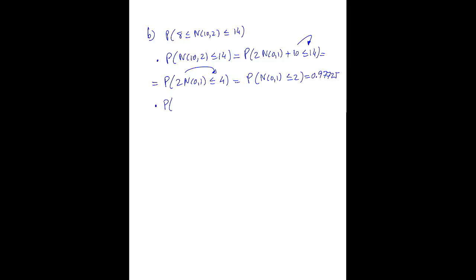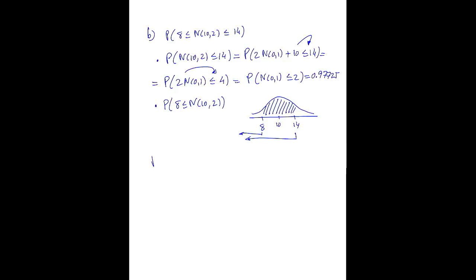Now, what about the other part? The probability of the normal being less than or equal to 8. Well, just think about it for a second. This is our normal distribution. Here is the 10, here is the 14, and here is the 8. And what we want is this area in between, which could be computed as the area to the left of 14 minus the area to the left of 8.